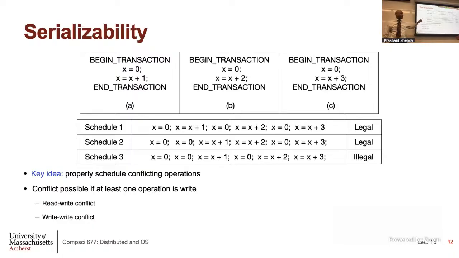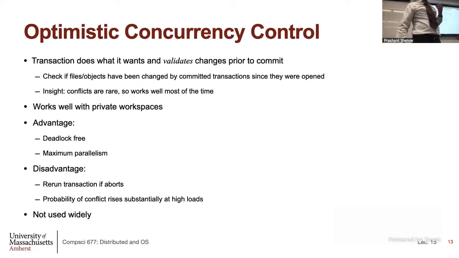We'll see some of those. In this case, we didn't see any particular conflicts. We just saw some legal orders and illegal orders from a serializability perspective. Okay, so now the higher level question is, what should we do in the transactional system that lets us do this kind of parallel concurrent execution, to get higher performance and yet end up with valid state?